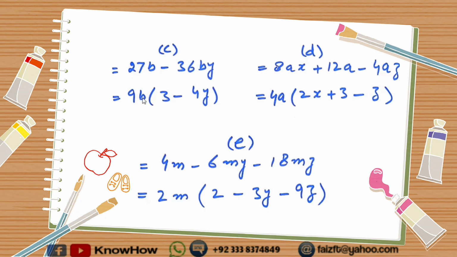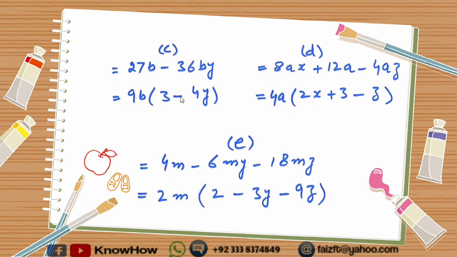So 9b is the common factor, and then divide the first term 27b by 9b, and we get 3, because b has gone into the common factor, so we will not write it inside the bracket.